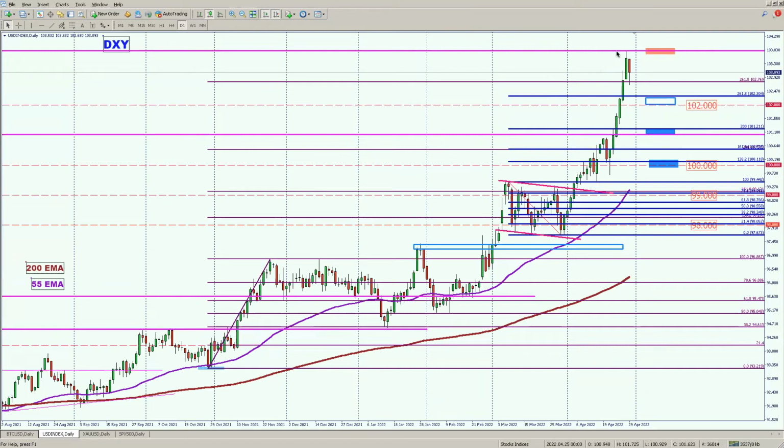So a possible buy the rumor, sell the news scenario. Yeah, let's leave it at that for now. It's a really overextended move now. Okay, let's move back to the other pairs.